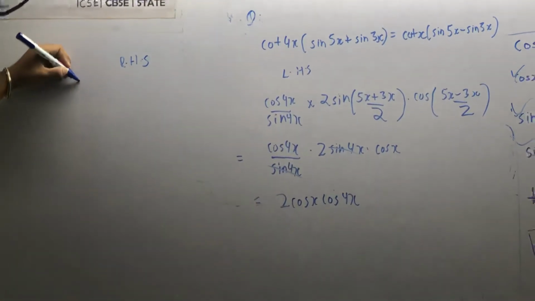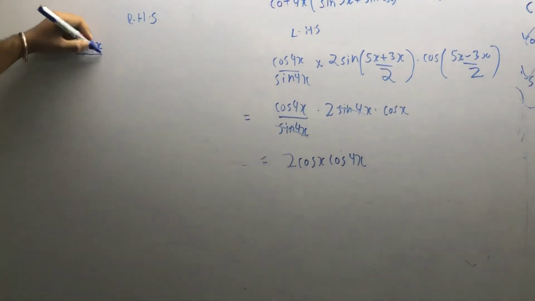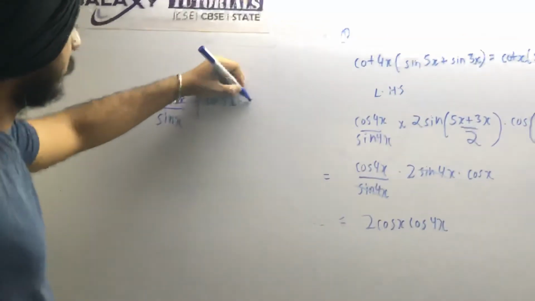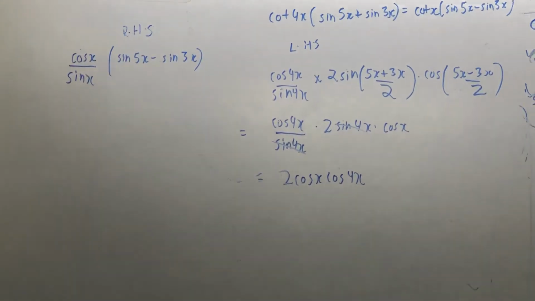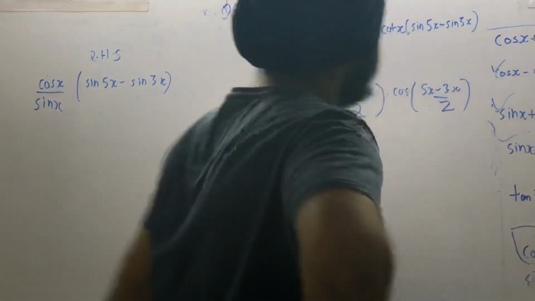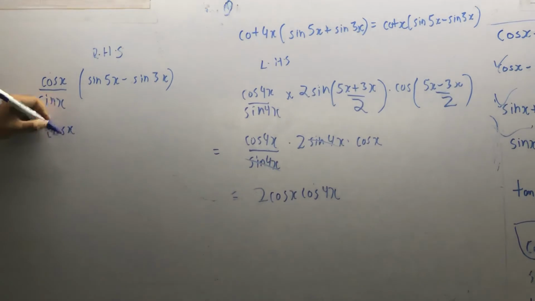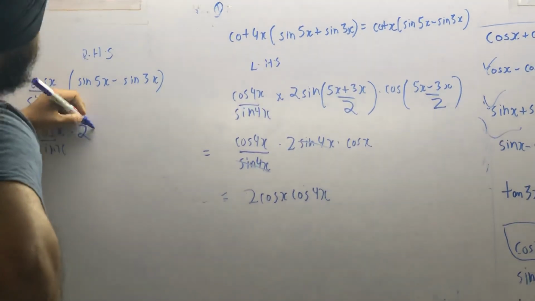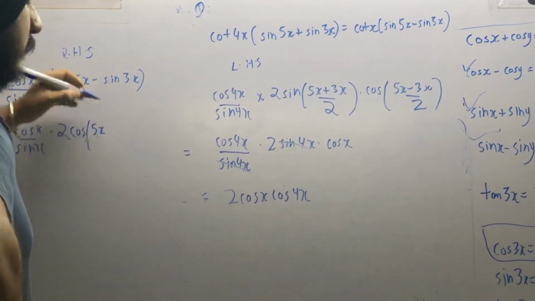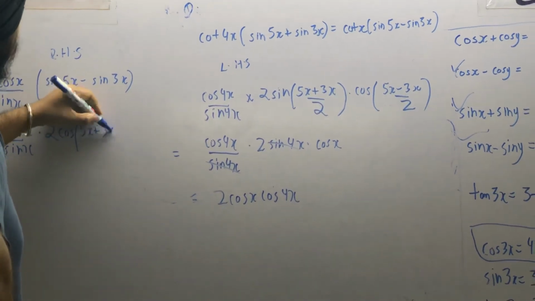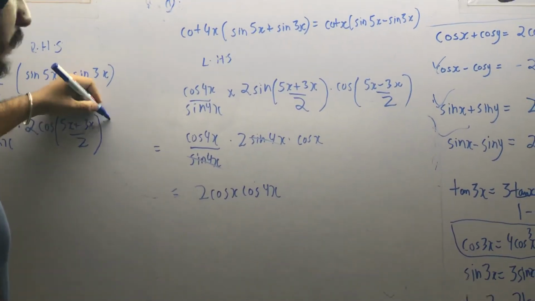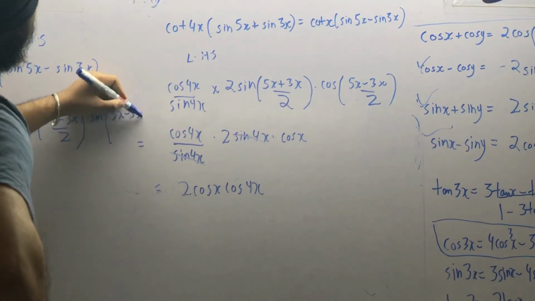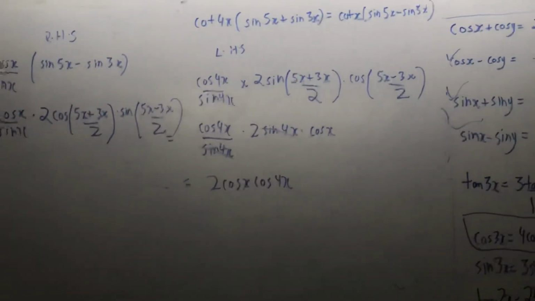Again cot x is cos x upon sin x into sin 5x, sin x minus sin y, this formula.